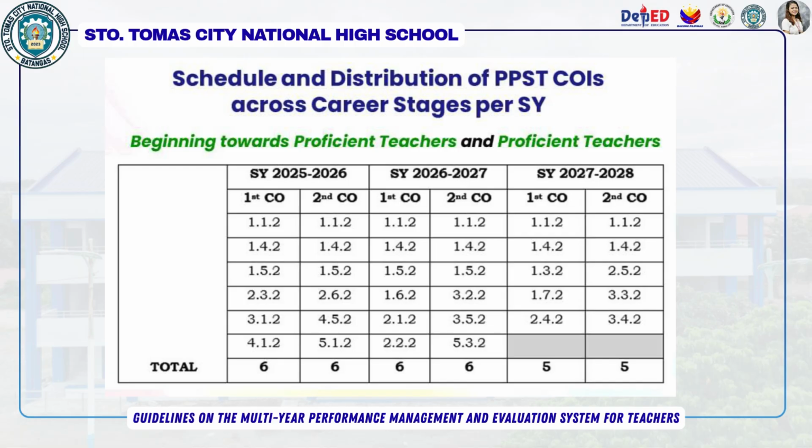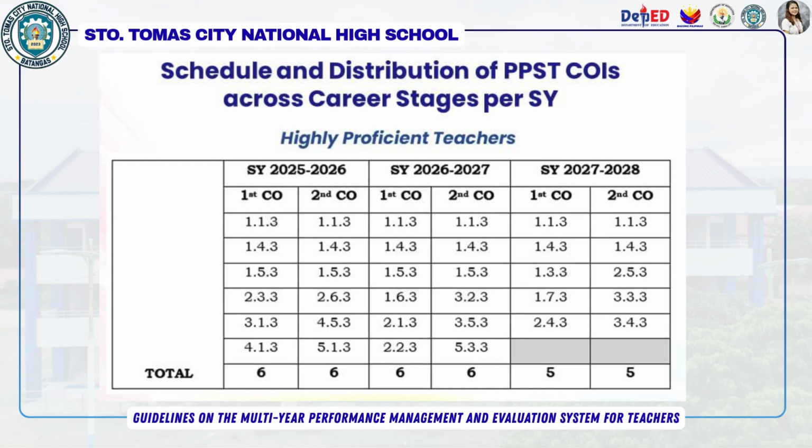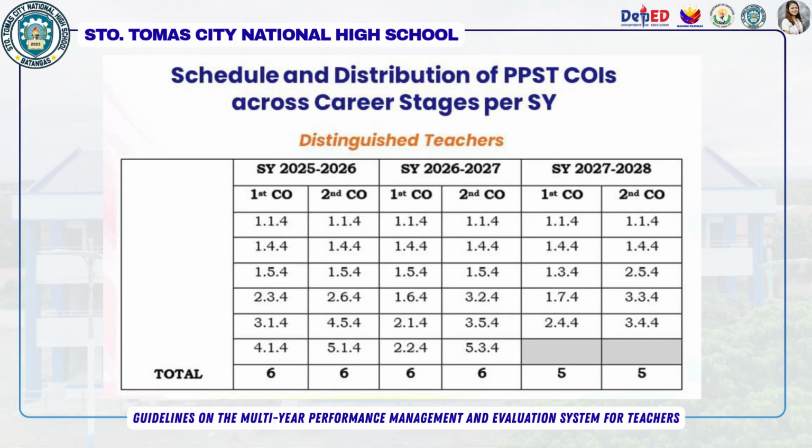The final year, school year 2027 to 2028, the number of COIs slightly adjusts to 5 and 5 for all career stages. This is the schedule and distribution of PPST COIs for highly proficient teachers. This slide shows the schedule and distribution of PPST COIs for distinguished teachers.